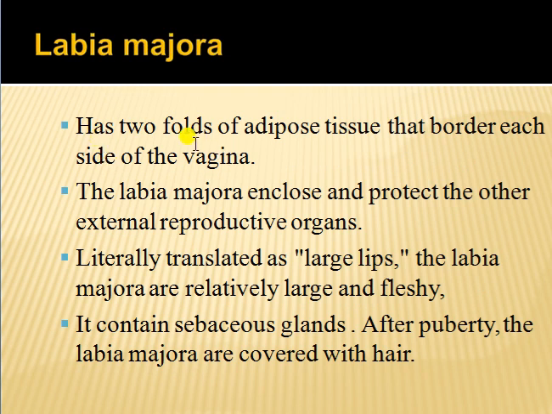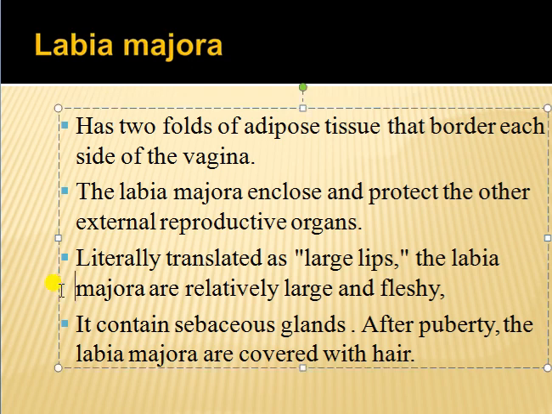The labia majora are two folds of adipose tissue that border each side of the vagina. They enclose and protect the other external reproductive organs. See slide number 14.